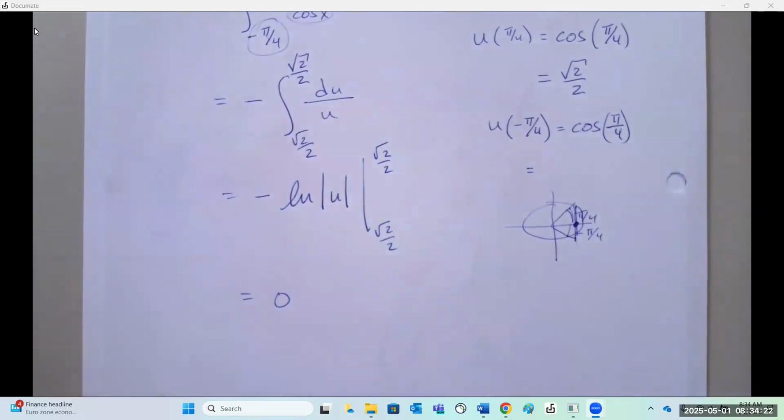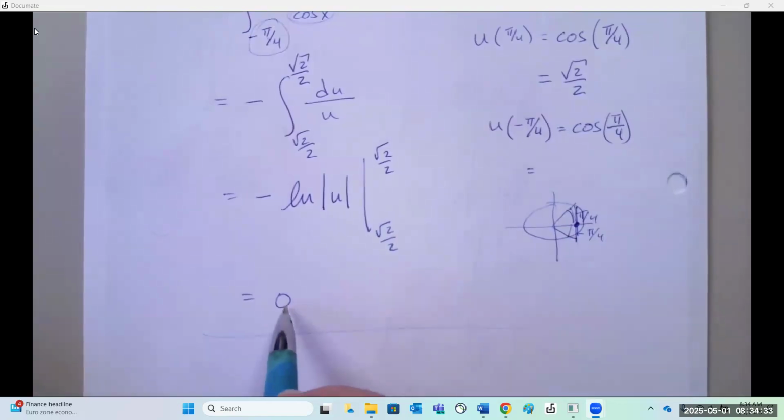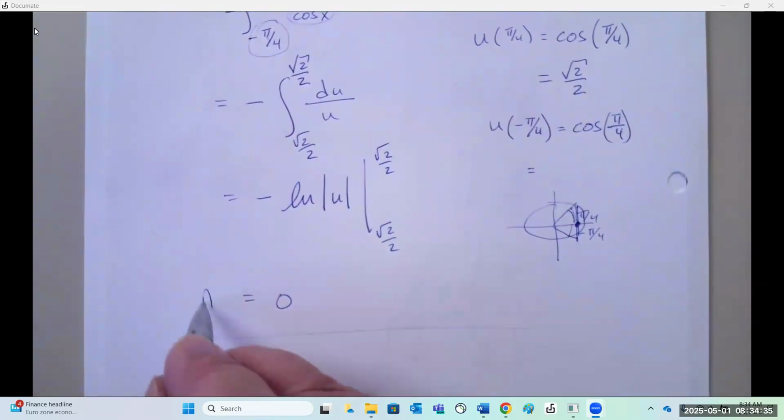And we knew that was going to happen. Because remember, whenever you do integration, if you have an area of 0, what does that tell you?